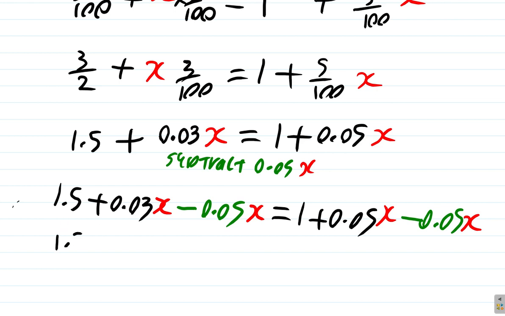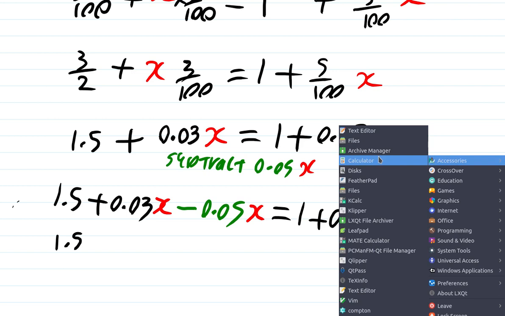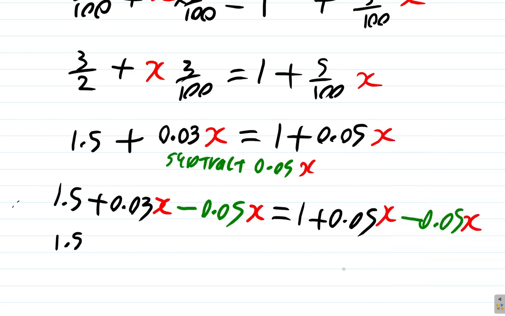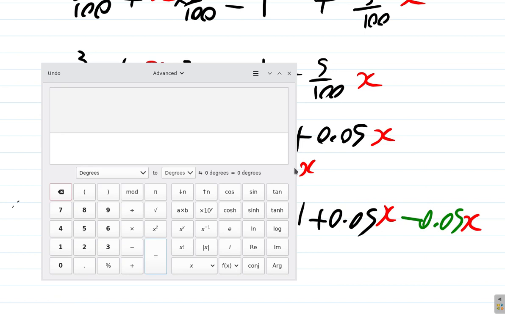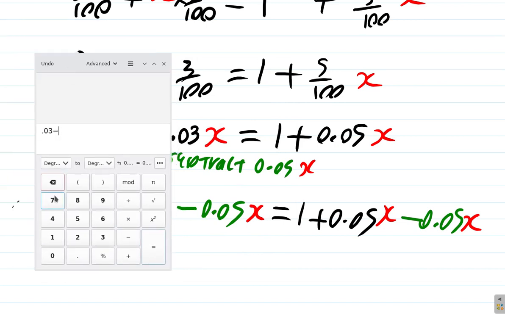You have 1.5, 0.03 minus 0.05 is what? So you have 0.03x in this case. So 0.03 minus 0.05.